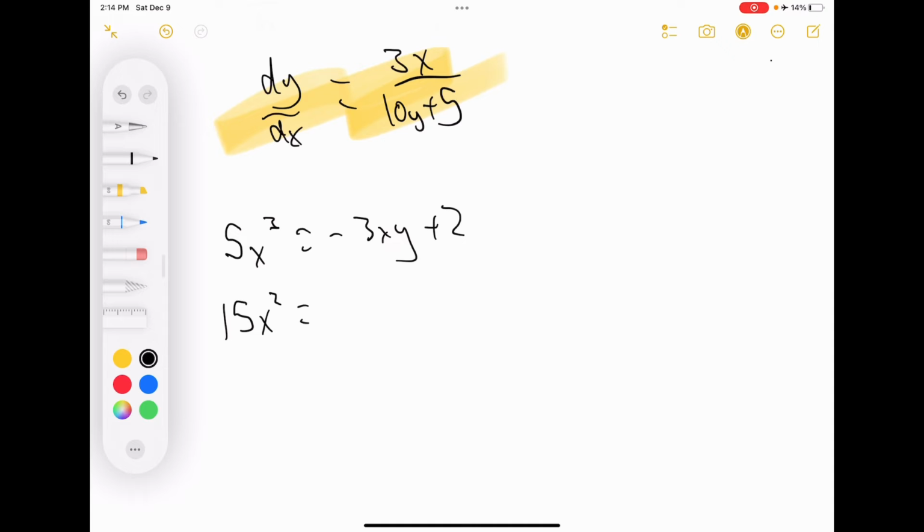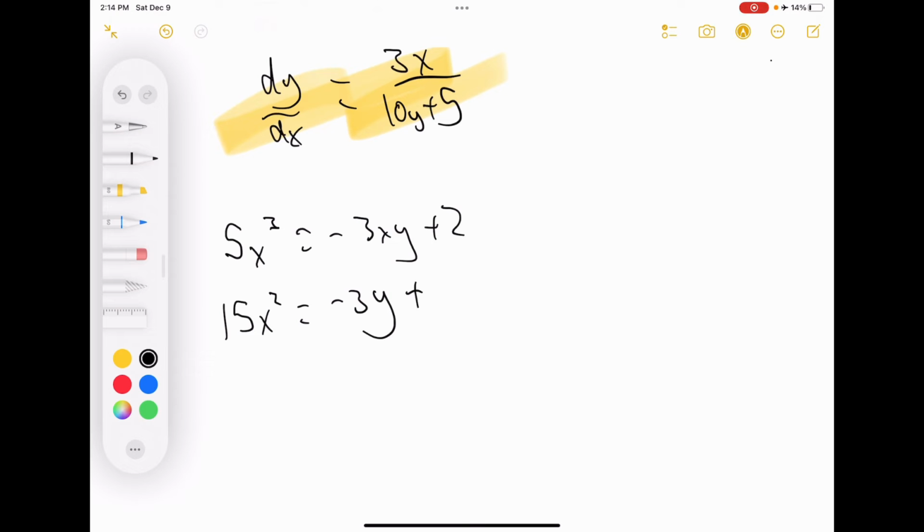Now to derive the next term on the right side, negative 3xy. So product rule: derivative of the first times the second plus derivative of the second times the first. So derivative of the first, derivative of negative 3x, that's just negative 3 times the second, that's y.